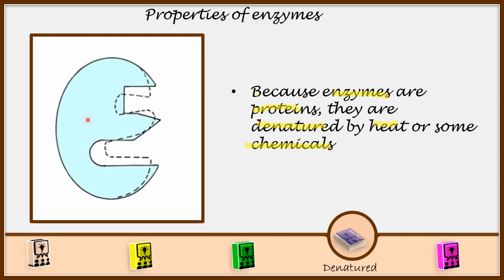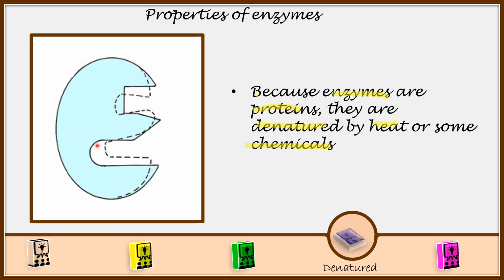But when you apply a lot of heat, that heat is going to break the bonds. And when you break the bonds, you change the shape of the enzyme. And when the shape of the enzyme is changed, we say the enzyme has been denatured.